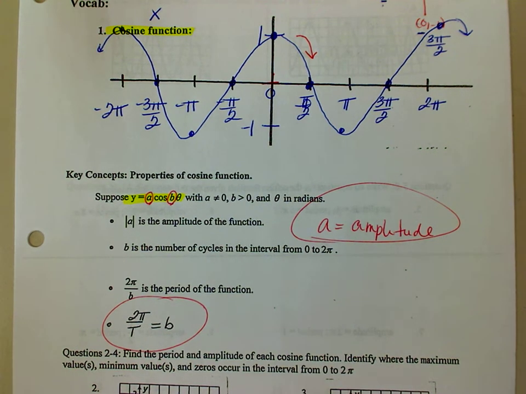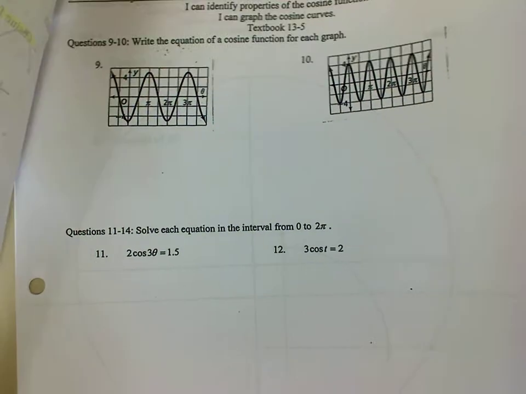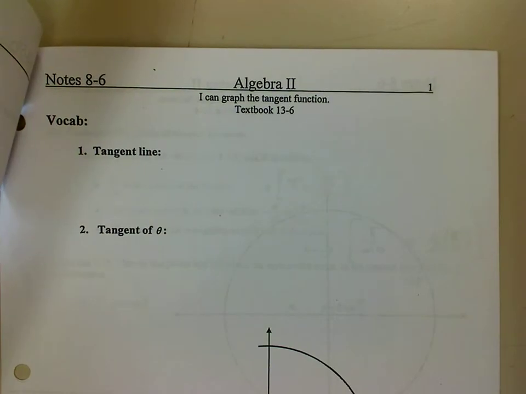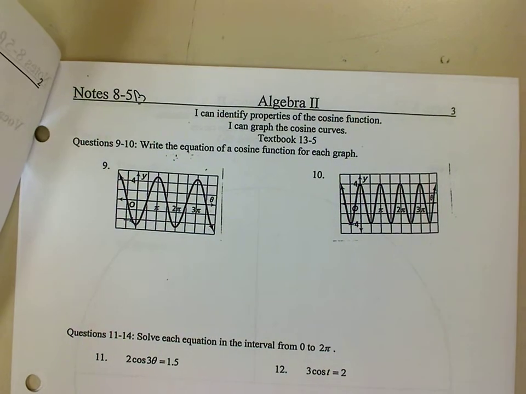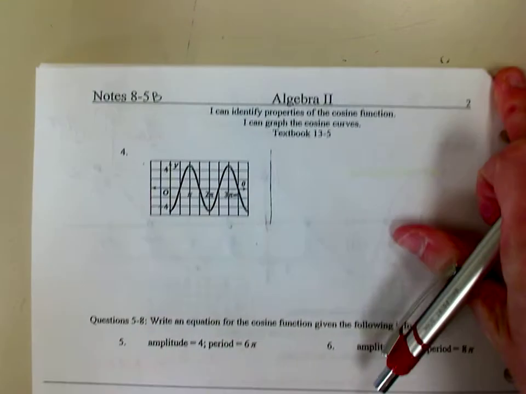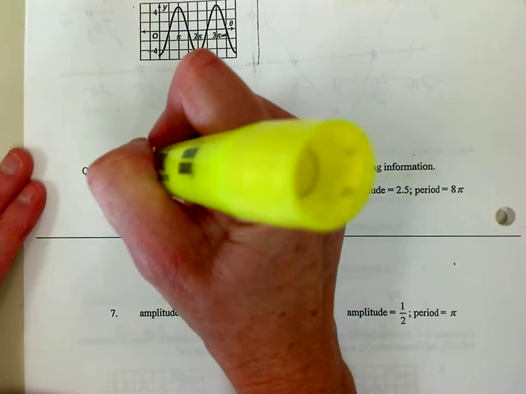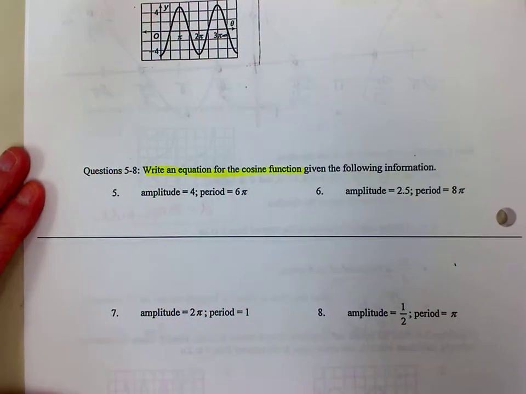Okay, let me look at this really quick. I'm going to go ahead and skip to the second page. I'll go back to the other page in a second. So I want to write an equation for cosine.